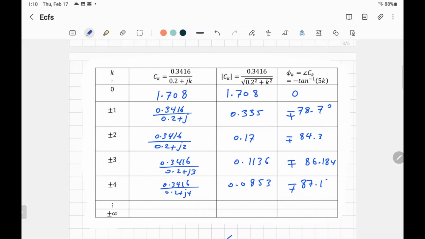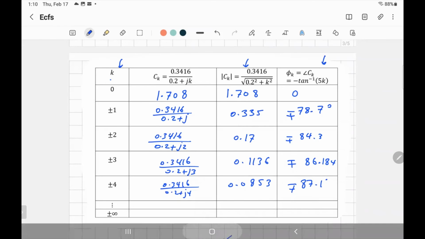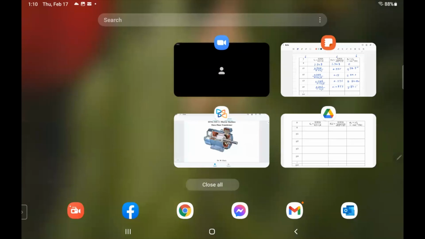You put K on the x-axis and the absolute value of CK on the y-axis, that's the magnitude. Use this column and this column. Or use K with the last column and you get the phase. I did that, and the result is, see it here.